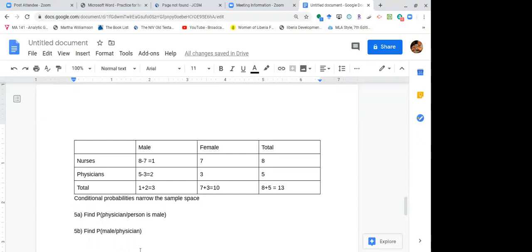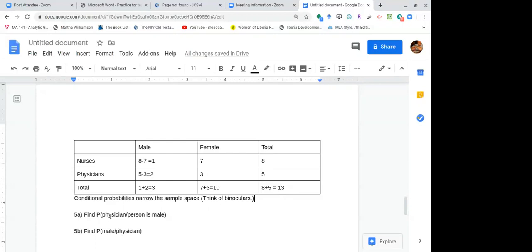I always compare it to, think of binoculars. They narrow your field of vision. So instead of talking about the whole 13, we're going to talk about this condition.